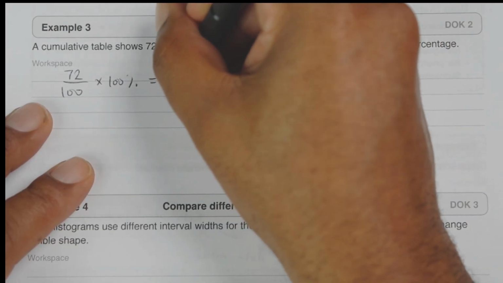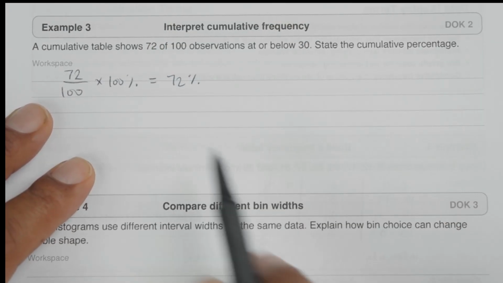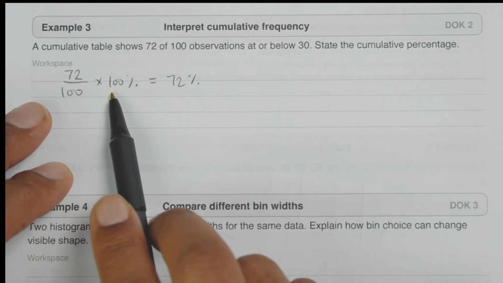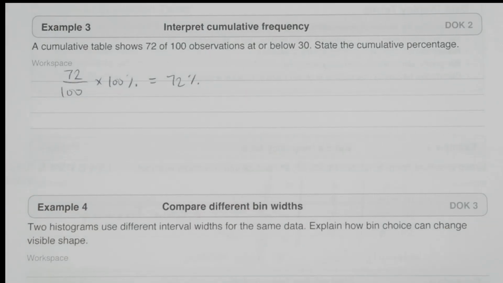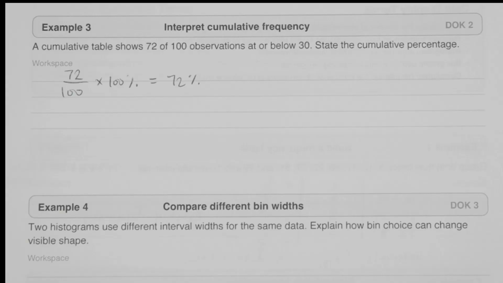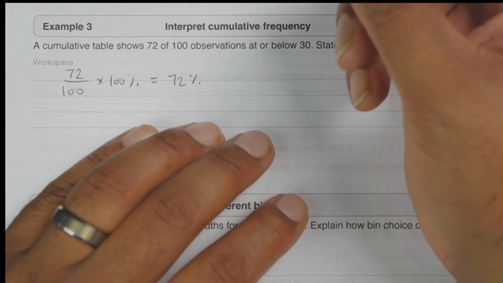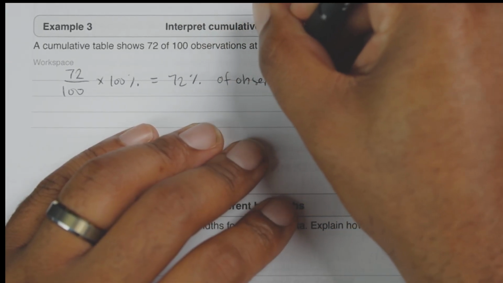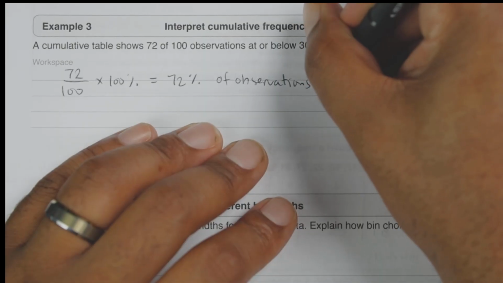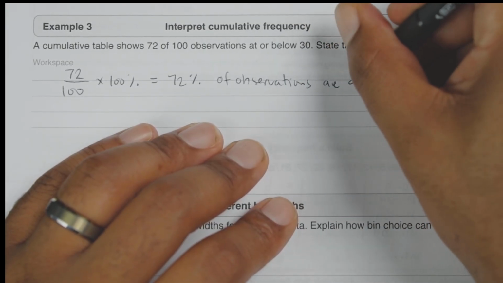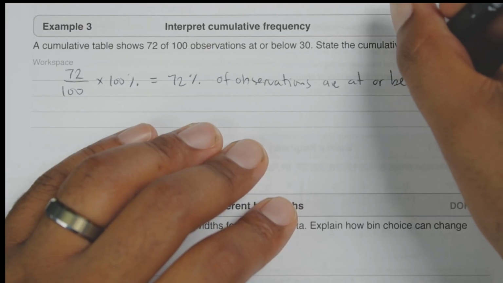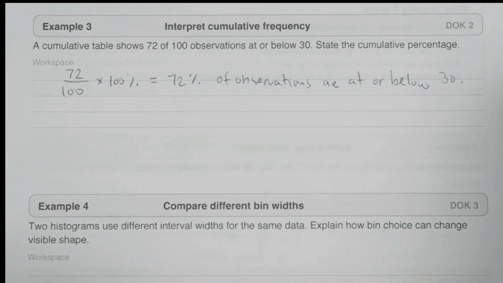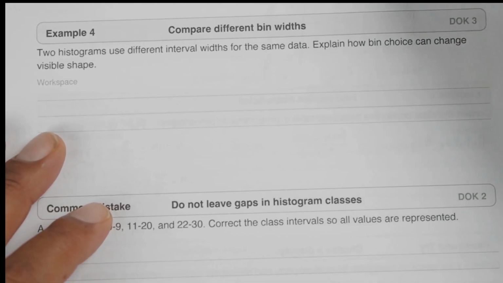Well, that's just 72%, because this will be 0.72, then move the decimal two places, 72%. So the answer is 72% of the observations are at or below 30.